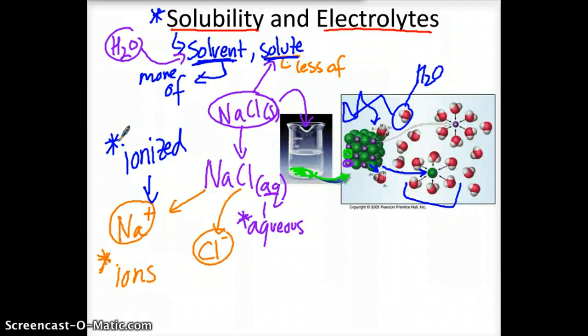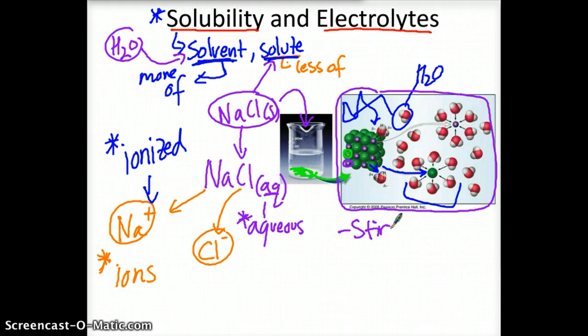What if we wanted to make this NaCl dissolve faster? What are some things that we could do? Well, since this whole process of dissolving is dependent entirely on the motion of the molecules, anything that increases the molecular motion is going to increase the rate of dissolving. For example, we could stir it up with a spoon. That's going to make the molecules move around more, they're going to collide more often, and the substance is going to dissolve quicker. We could also increase the temperature.